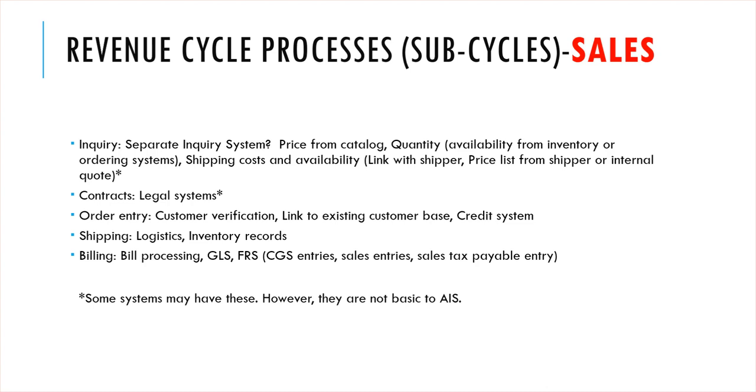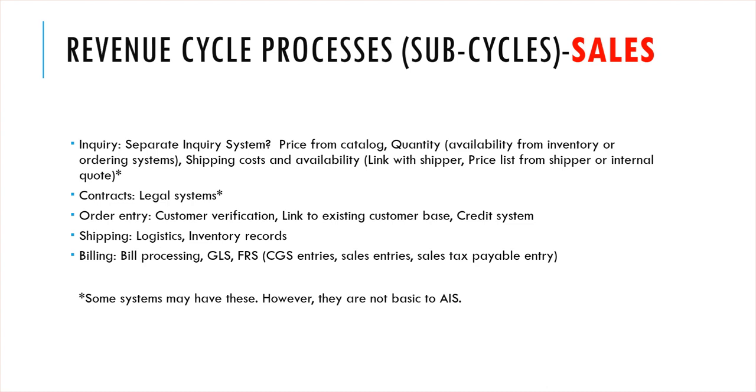And the other thing is they need to know prices, they need to know whether things are available, how much it's going to ship, when it's going to be available. And again, I'm going to refer you back to what your knowledge from ordering items online. When you order online, what are the things you would want to know? This needs to be connected into the AIS so it's seamless.